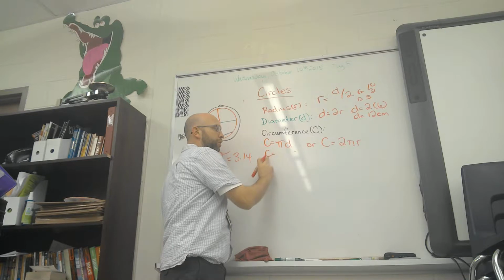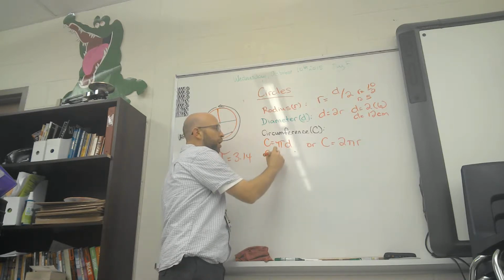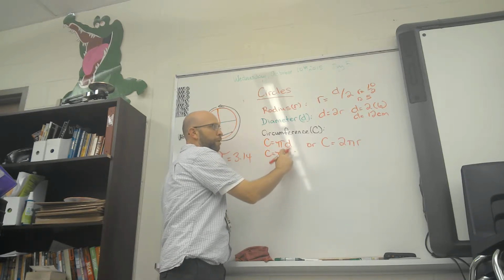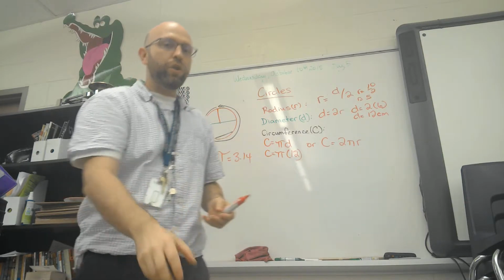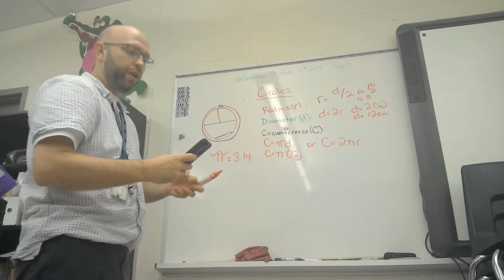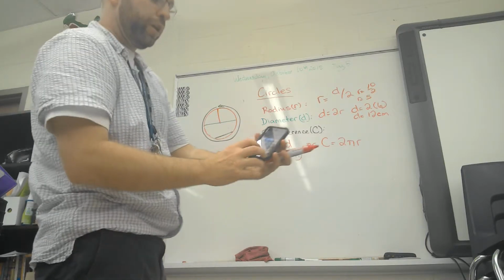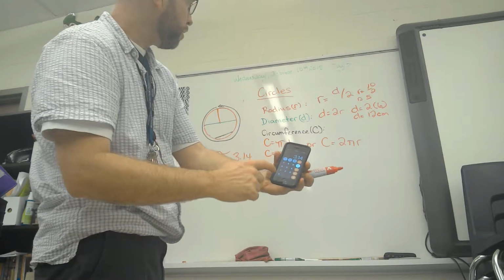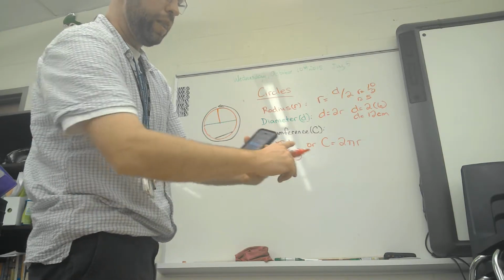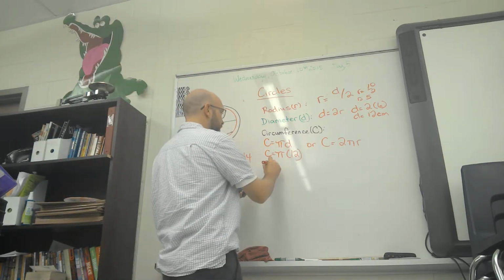Then I just substitute. Keep the c because that's what we're looking for. We haven't used pi yet, so I'm going to keep pi there, and we're going to multiply that by 12. So the next step would be, again, on your calculator, I would punch in 3.14, or I'd hit the pi button, multiplied by 12, and that equals 37.68.